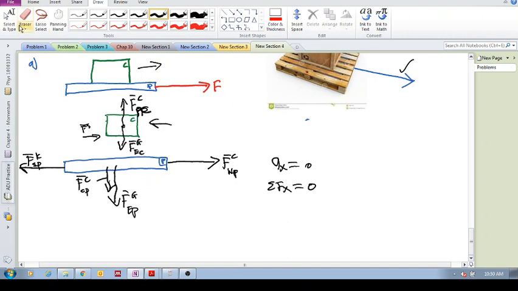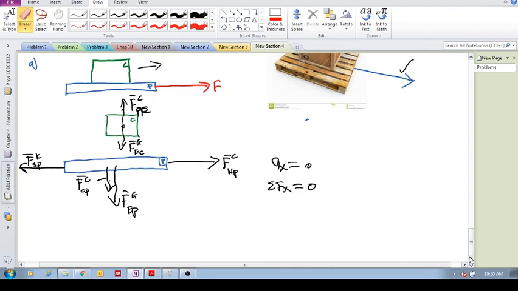Okay? So, once it gets to this constant velocity, there is no more static friction force between the two bodies. Both these bodies are moving at the same velocity, and there is no static friction force.